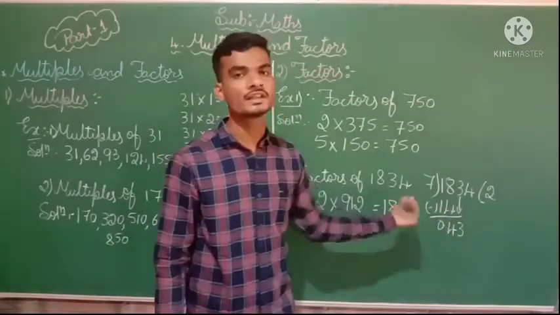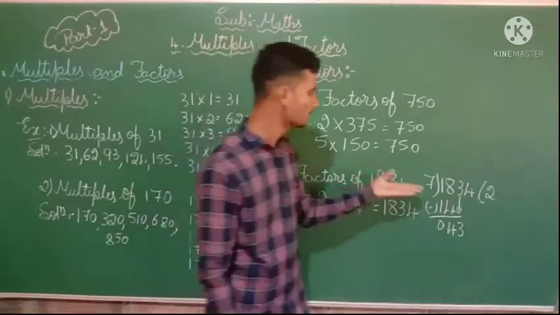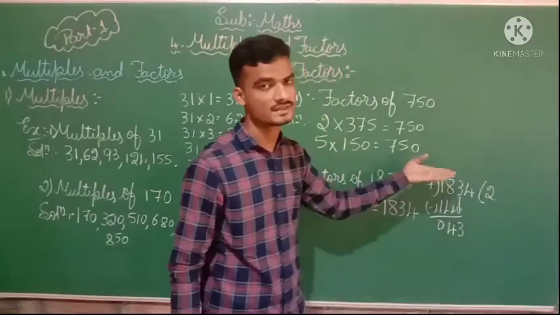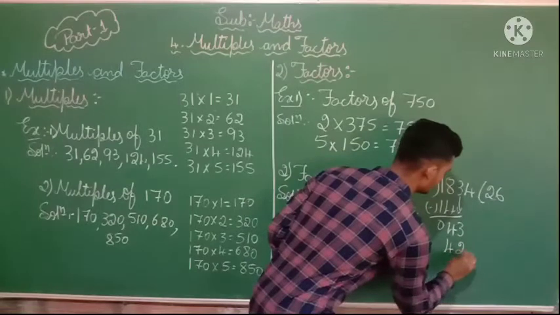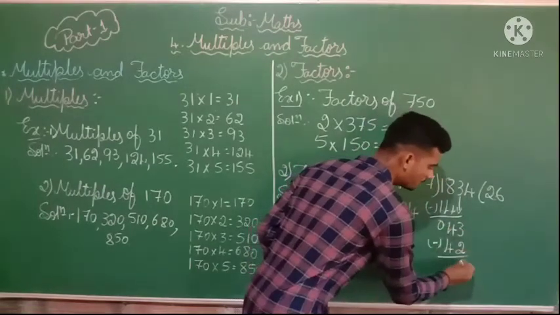No, 7 sevens are 49. 7 sixes are 42. Here again you subtract, 3 minus 2, you get 1.